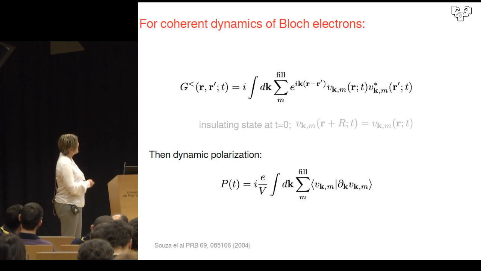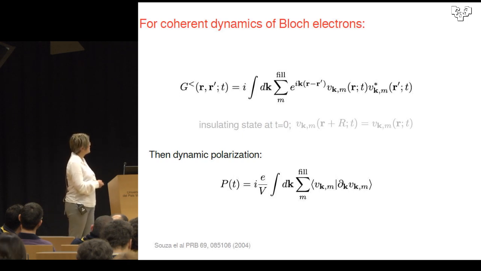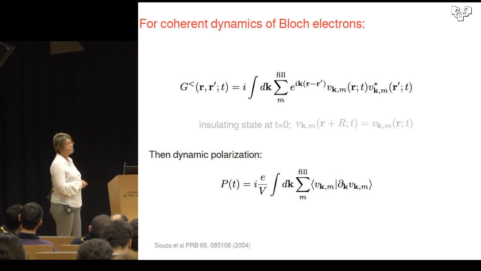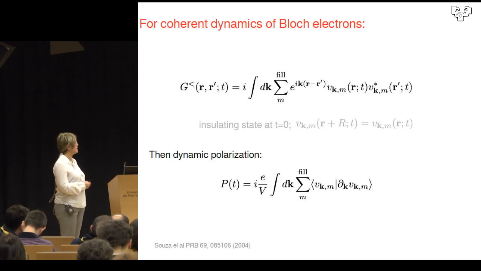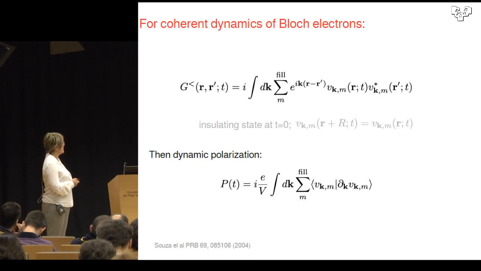So we just write this as the product of this periodic part of the dynamic Bloch electrons, and then the polarization can be just written in this way, which is very similar to the static polarization. The difference is here that the sum is on the filled states.